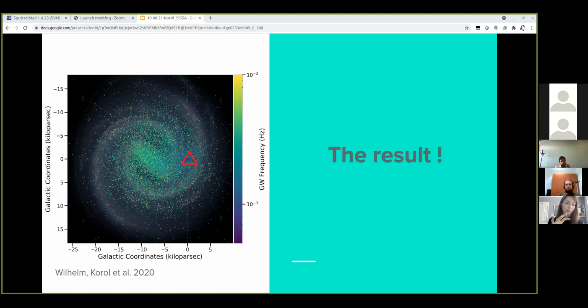The green points are detected binaries. On the background, you see the artist impression of how our galaxy looks from above. And the red triangle here is LISA itself, of course, not to scale. Already just by looking at this plot, you can understand that LISA will be a powerful tool for mapping our galaxy, and that it will give us a more complete, in terms of surface coverage, survey than optical ones.